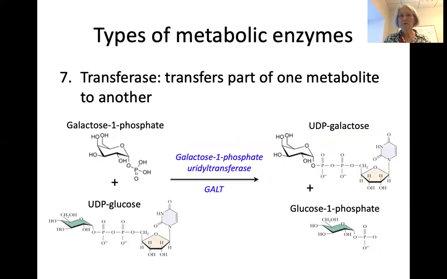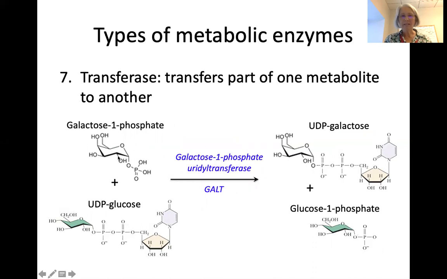Then we have transferases, which transfer part of one metabolite to another. One transferase you should know about is galactose 1-phosphate uridyl transferase, which is quite a mouthful. So sometimes we just call it by its gene name, GALT.